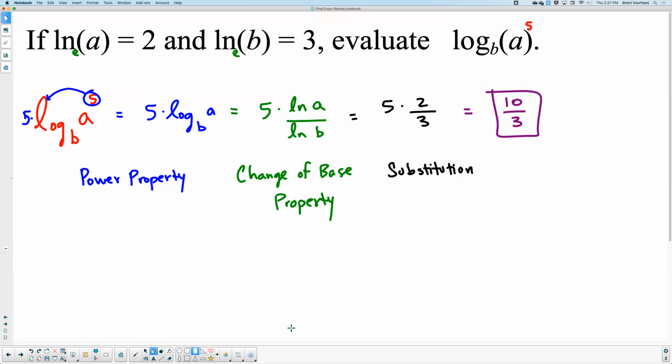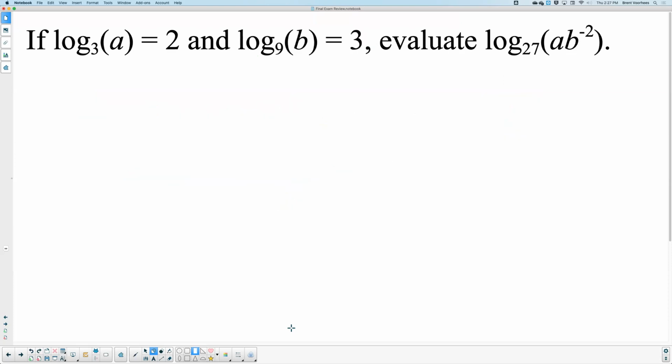Okay, let's try this problem. If log base 3 of A is 2 and log base 9 of B is 3, evaluate log base 27 of A times B to the power of -2. Oh, man.